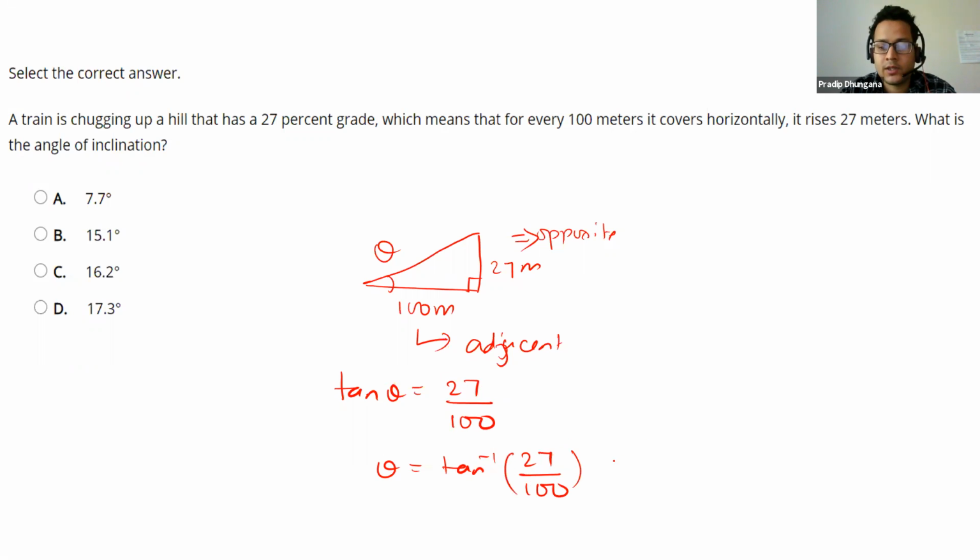Then again use the same process and calculate tan inverse 27 over 100. That would be nearly equal to 15.1 degrees. So the correct choice is B. In that way, you can calculate the angle of inclination. Let me go to the next slide.